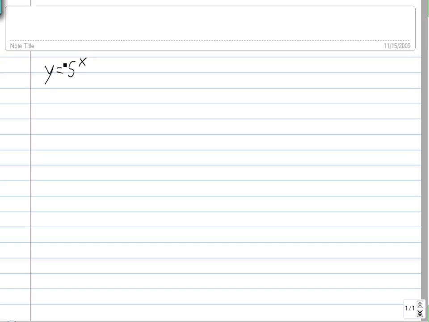So remember, any equation that's a positive number raised to x is going to look something like this, where, although you can't see it too well in this drawing, it intersects (1, 0).